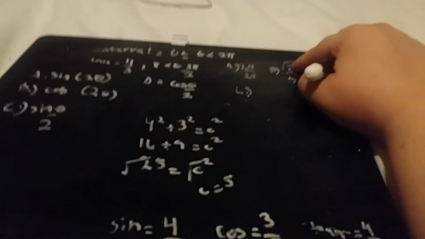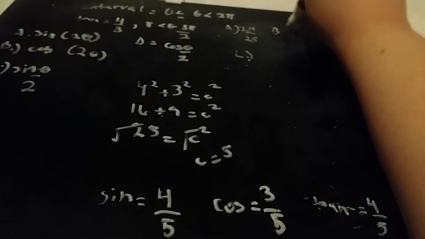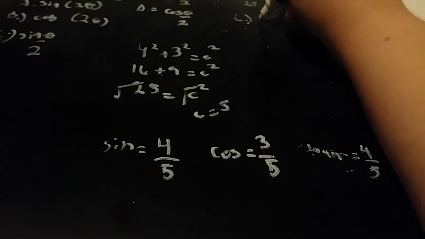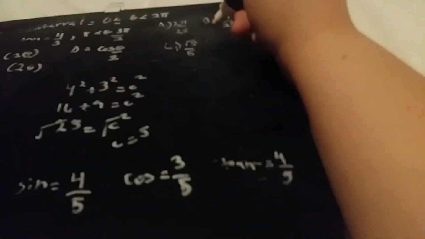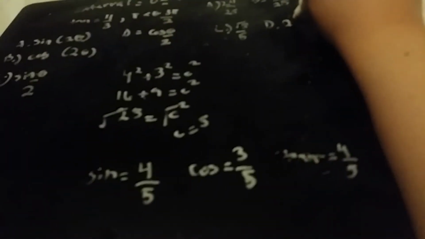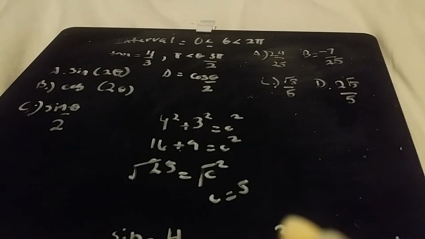I made a mistake. For part B, we get negative 7 over 25. For part C, we get square root of 5 over 5. And for part D, we get 2 square root of 5 over 5. So those are our 4 answers.